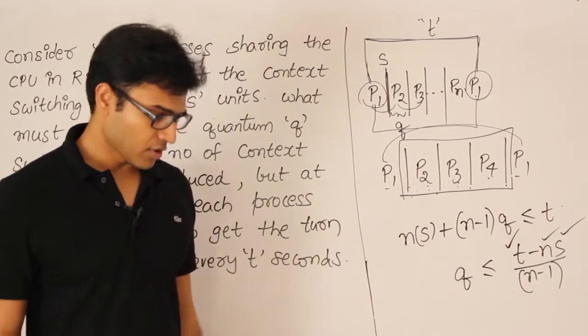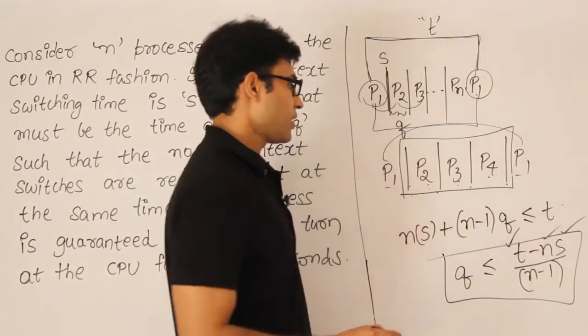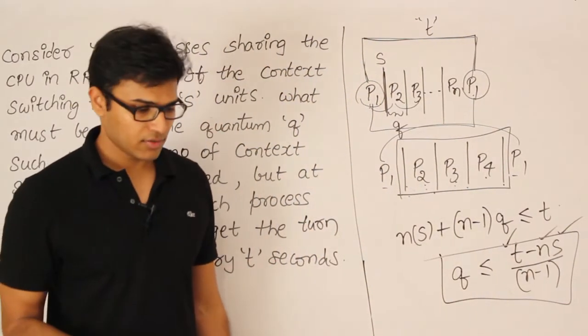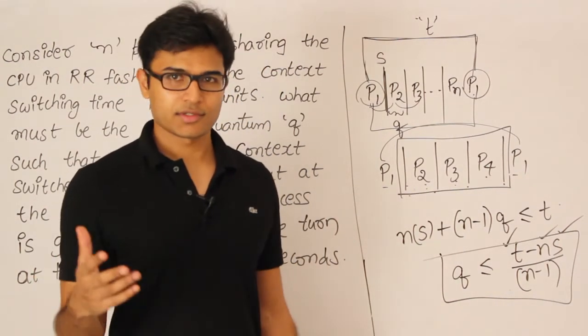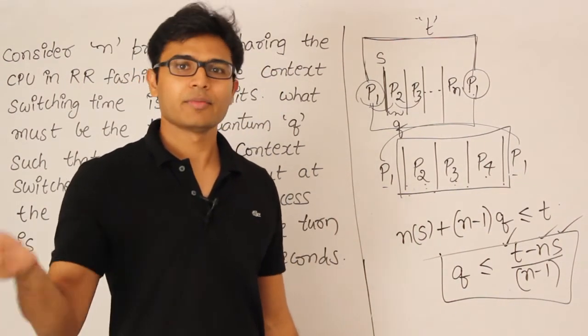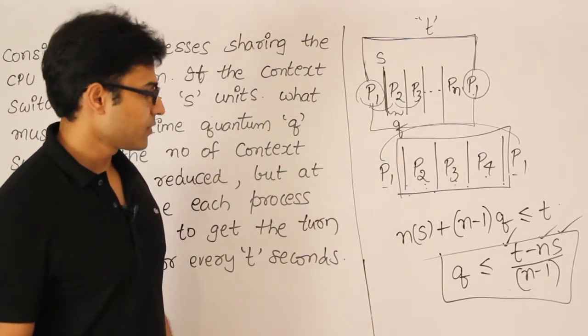Depending on that, we got this equation. Very simple, but you might have to think about it a bit. So whenever you are not able to get an answer for n processes, you just scale it down to 2, 3, or 4 processes, and then put back the solution in terms of n. That way it is very simple to analyze. Okay, fine.